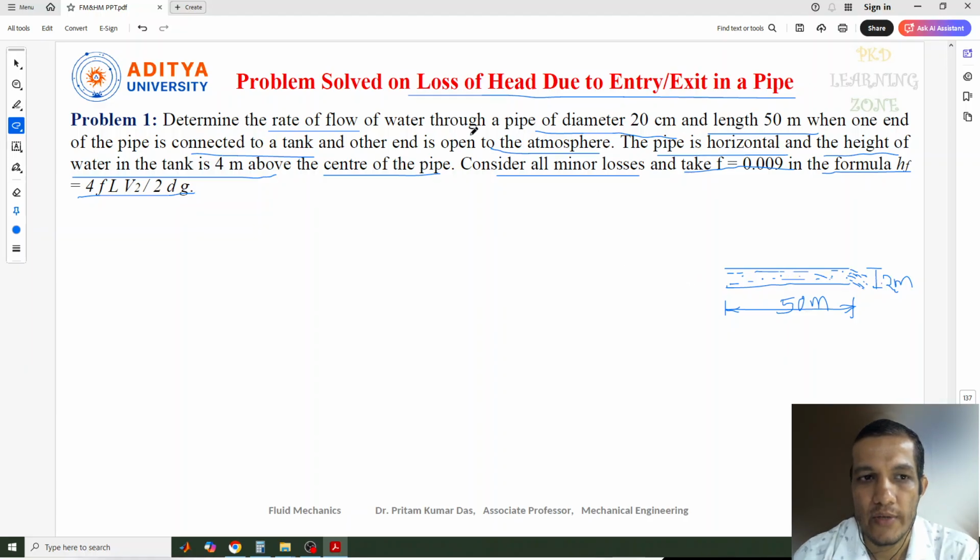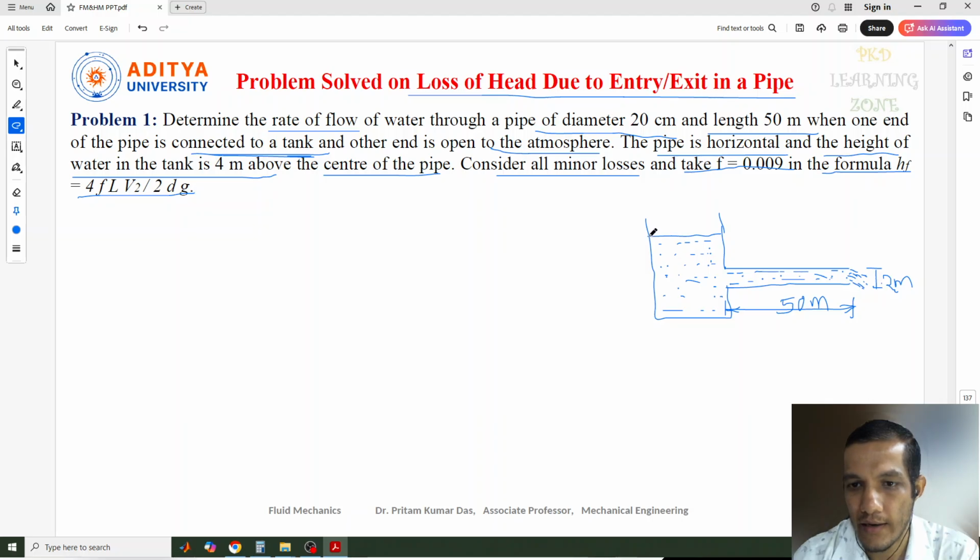Now this is connected to a tank. So here we'll draw a tank. Let me connect like this, and this tank is filled with water. Now the pipe is horizontal, and this water level is the height of water in the tank.